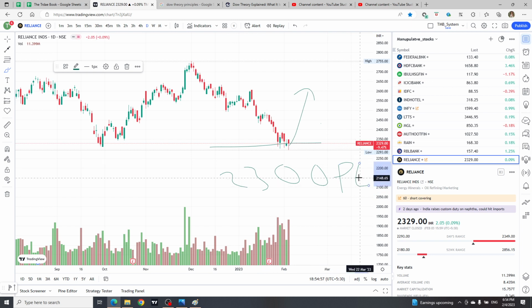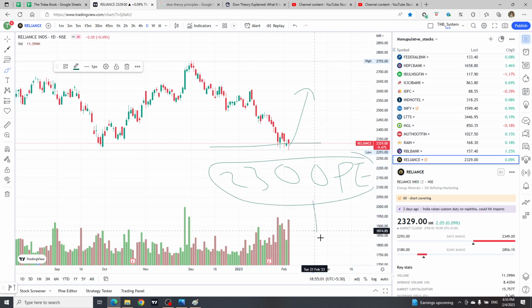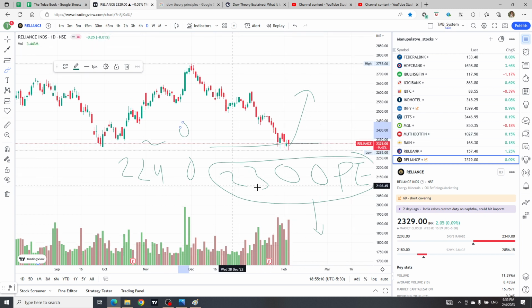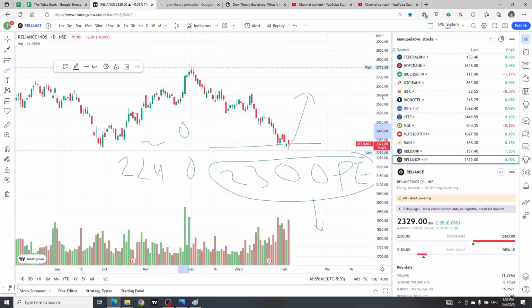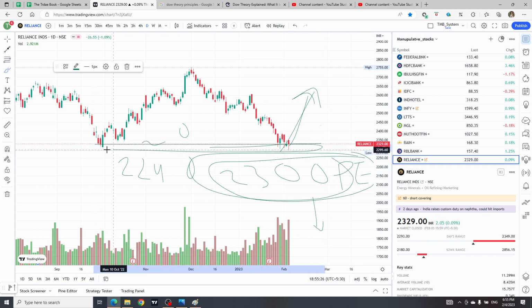If you sell this PE, go a little far out of the money, 2240 or 2220 for premium, or the 45 delta you sell and the 17 delta you buy. That is the best approach for getting a good risk reward. Always, instead of going to the buying side, better go to the sell side at the support levels. It may reverse or may not reverse.